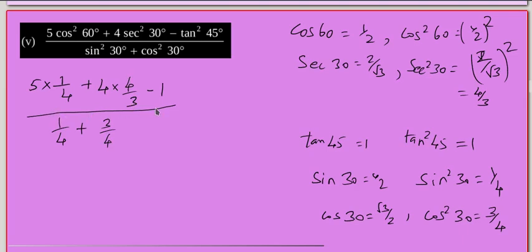So this becomes 5 into 1 by 4 is 5 by 4, plus 4 into 4 by 3 becomes 16 by 3, minus 1. And for this division we can write the division symbol.